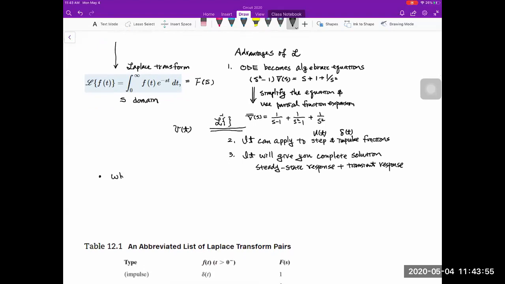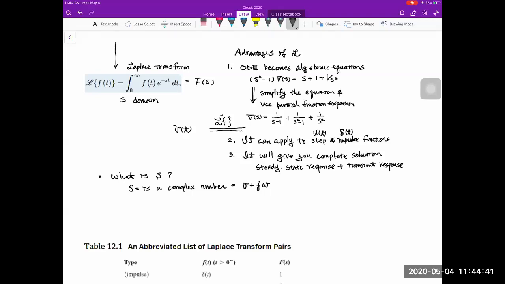So what is S? This S is actually a complex number. The S itself is a complex number. We can represent S as some real number with an imaginary number, where the imaginary number is the omega.